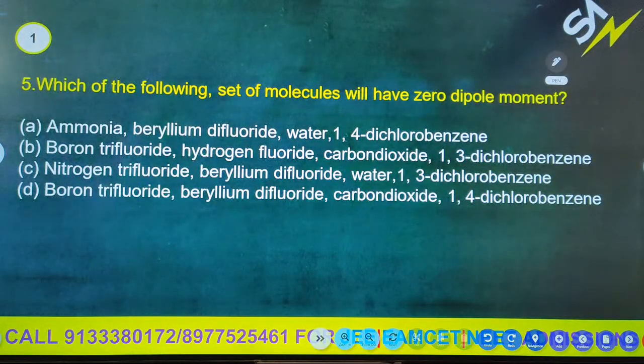After this we see some examples for dipole moment. Yes, the first question. Which of the following sets of molecules will have zero dipole moment?